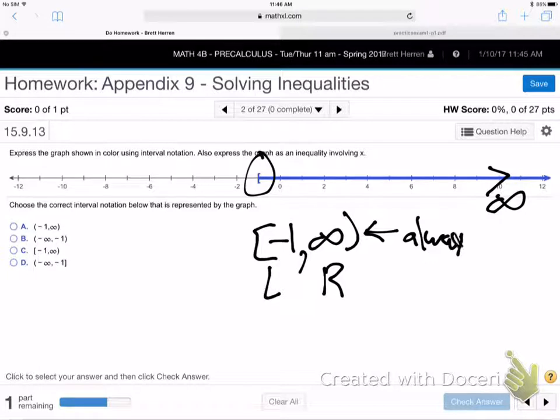Because you can never be right on infinity. Always parenthesis next to infinity.